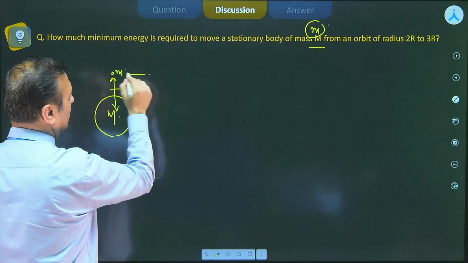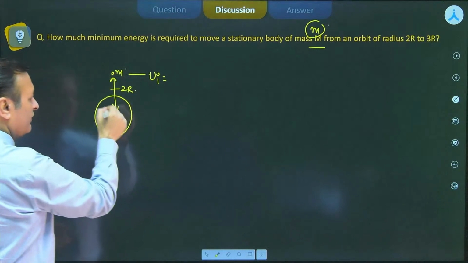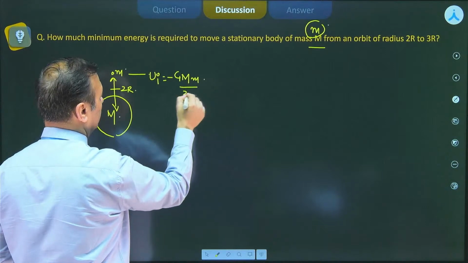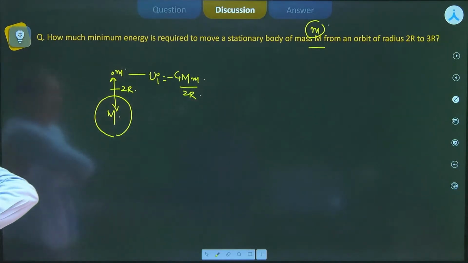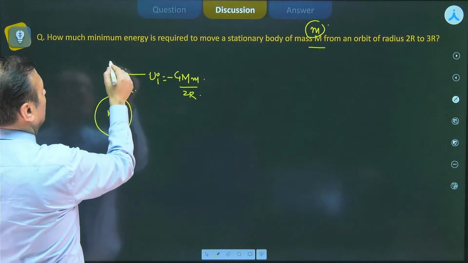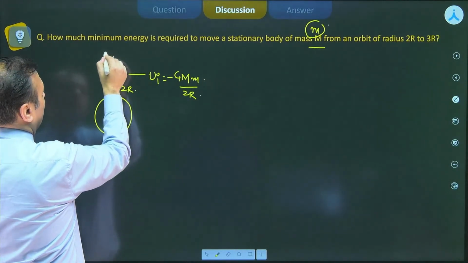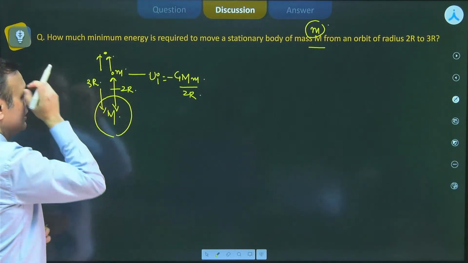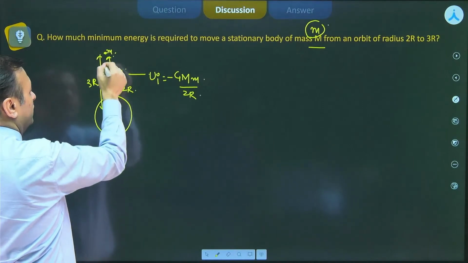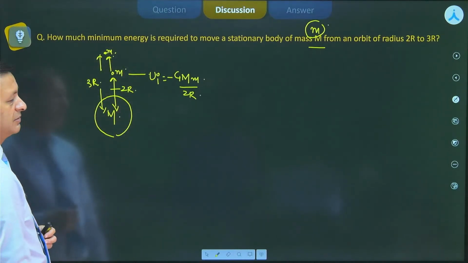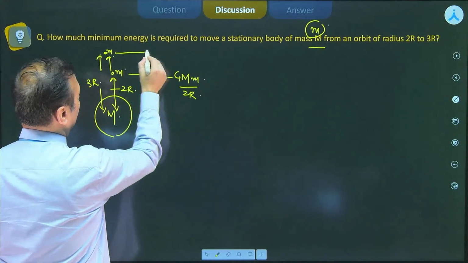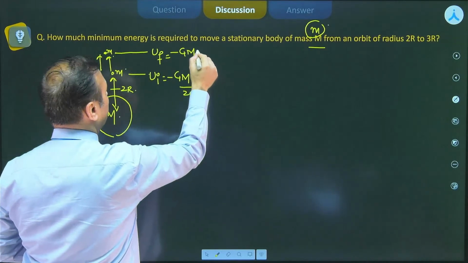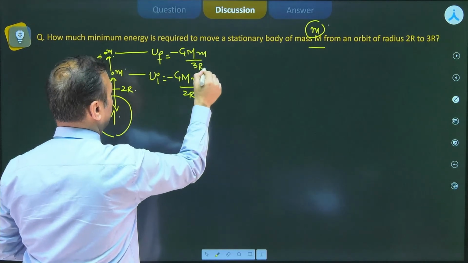What is the potential energy for this pair? This is minus G M m by 2r. If I have to take it to an orbit of radius 3r, where the orbital separation becomes 3r, the final potential energy is minus G M m by 3r.